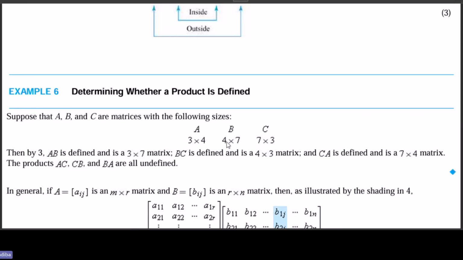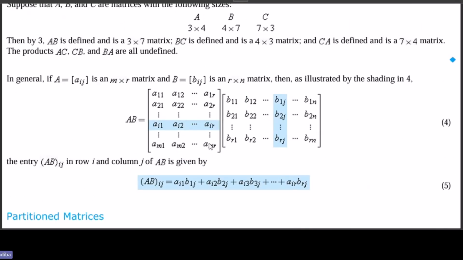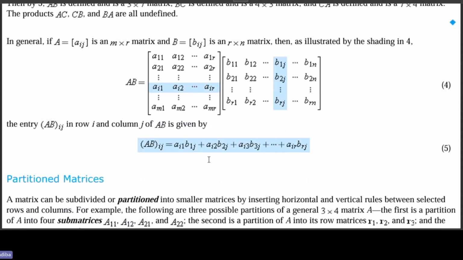Then AB is defined, because the number of columns in matrix A is equal to the number of rows in matrix B.